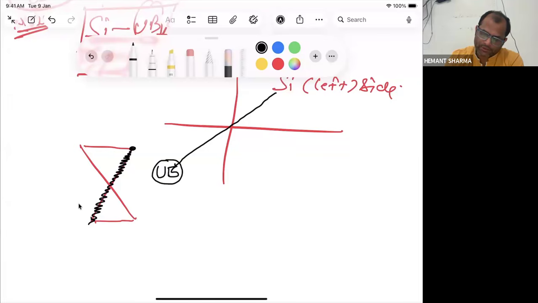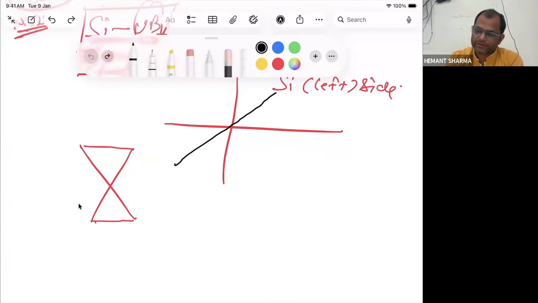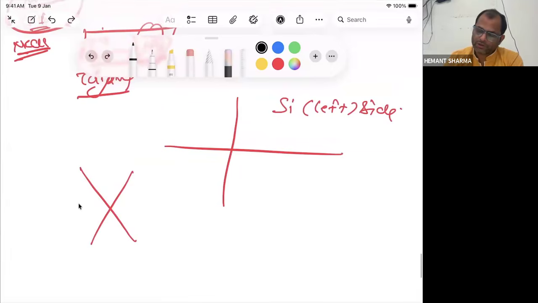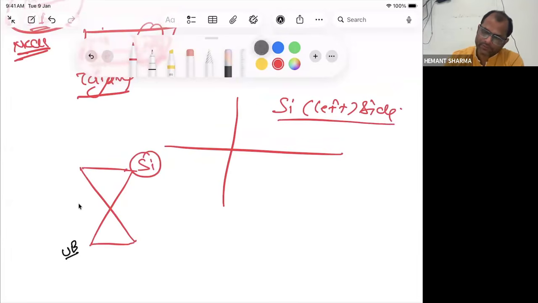Now who can balance the UB? Okay, I am repeating once again. So first I have taken the point, and who can balance the UB? SI can balance the UB. Okay, wonderful. Now who can balance the SI?